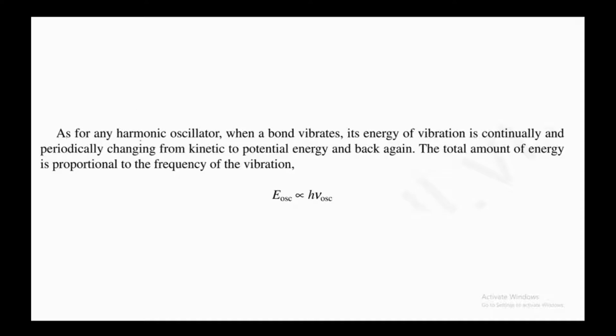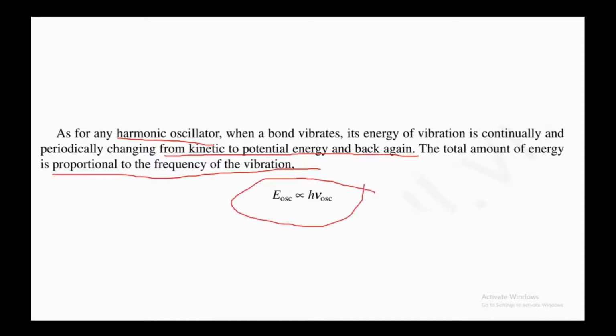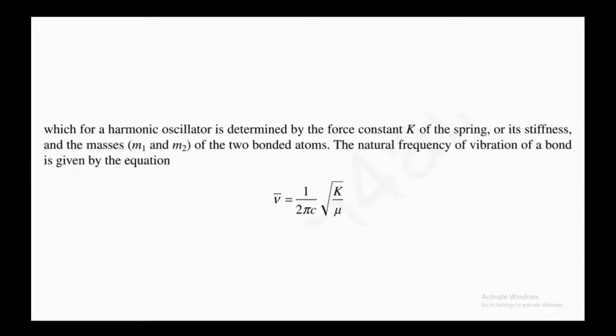As for any harmonic oscillator, when a bond vibrates, its energy of vibration is continually and periodically changing from kinetic to potential energy and back again. The total amount of energy is proportional to the frequency of the vibration. So the energy of oscillation is directly proportional to the frequency of oscillation, which for a harmonic oscillator is determined by the force constant K of the spring, or its stiffness, and the masses m1 and m2 of the two bonded atoms.